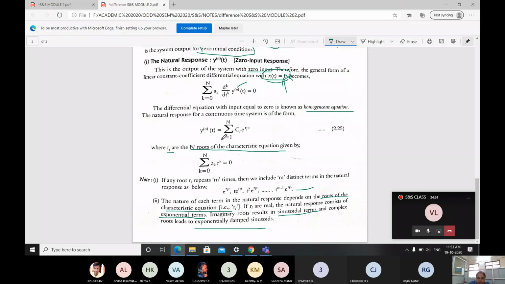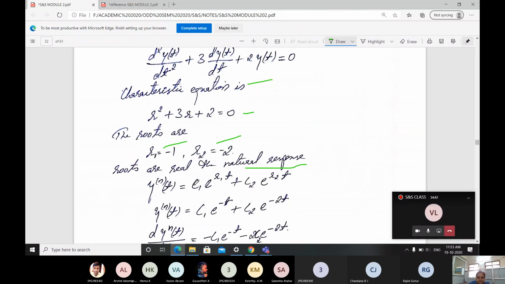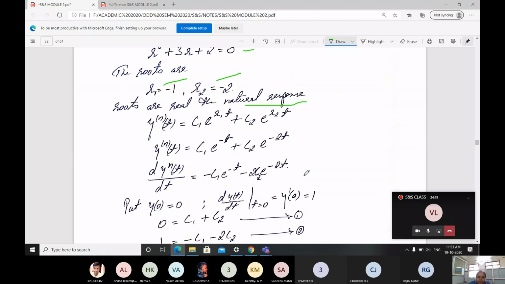Observe here, i varies from 1 to n; c1, c2, c3 depend on how many roots you get. Here we got two roots, for that reason we get c1 and c2, and e power r1 t and e power r2 t. Then r1 here is -1, so e raised to minus t, and r2 is nothing but -2, so e power minus 2t.